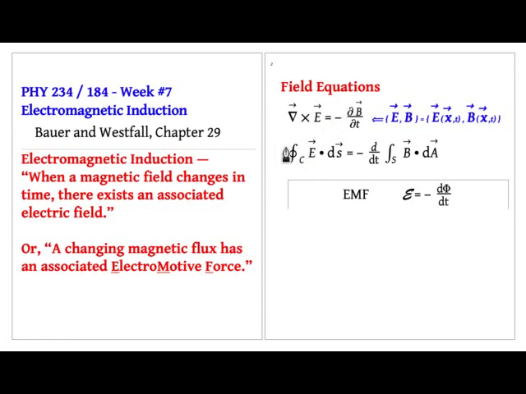And it says the integral of the electric field around a closed curve. So I have a closed curve C. And the integral of the electric field dot ds, where ds is the arc length. So ds is a little arc length on this curve.